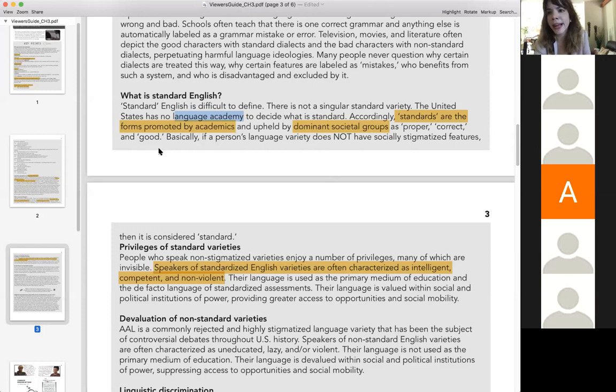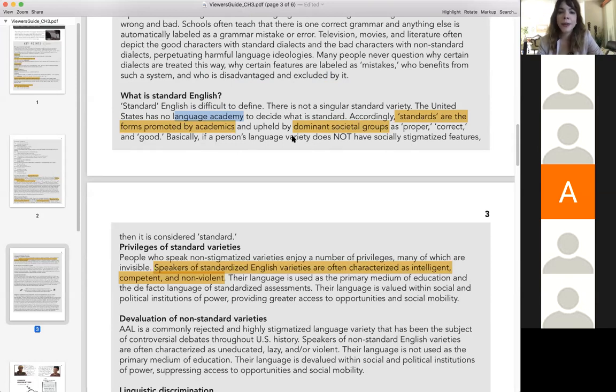It's the way that you and I should learn how to speak. Basically, if a person's language does not match what this dominant group speaks, basically they're wrong.